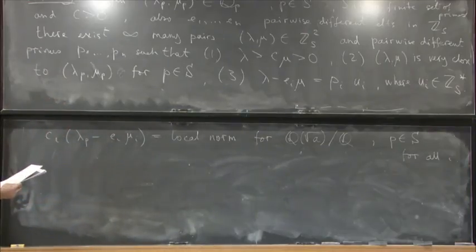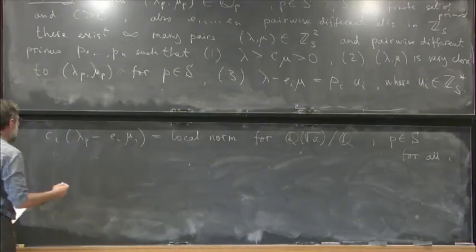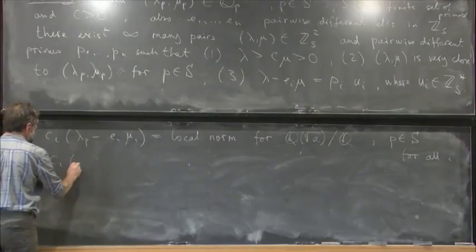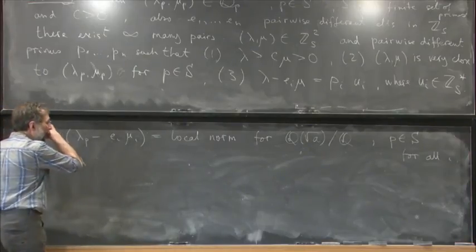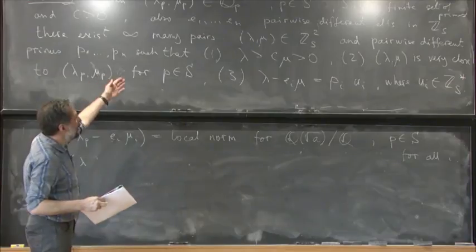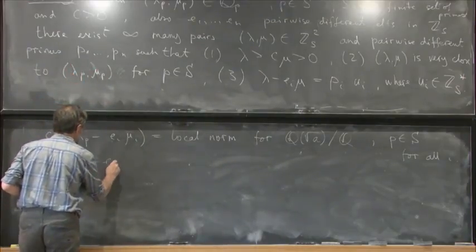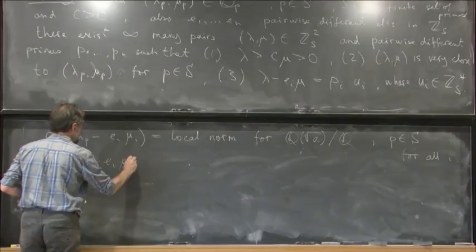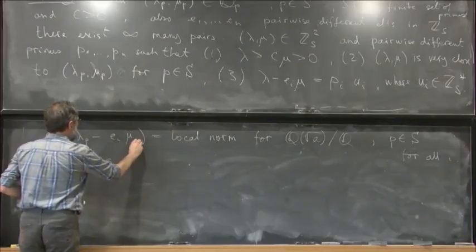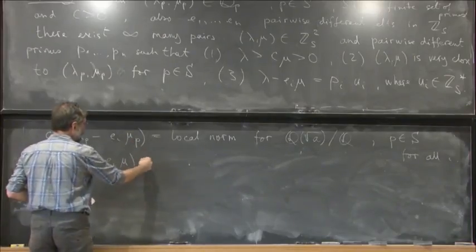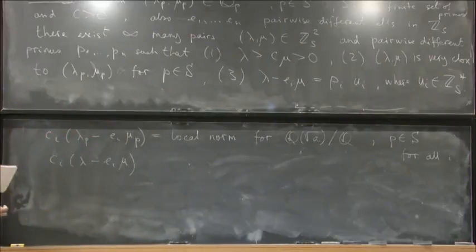So that's all right. Now, what we want, obviously, is to show that if we take lambda and mu provided by this corollary, this is a global norm. Okay, if we show this global norm, we win.